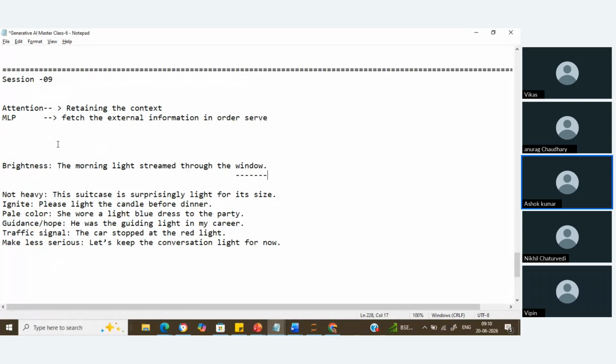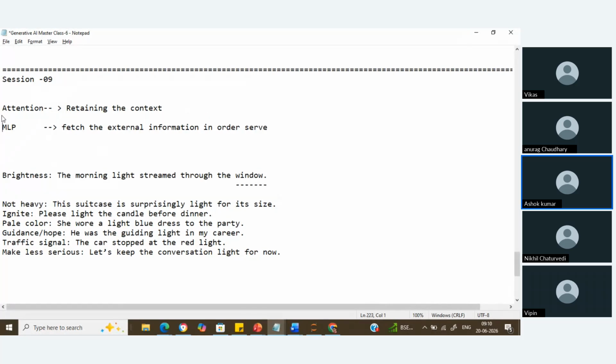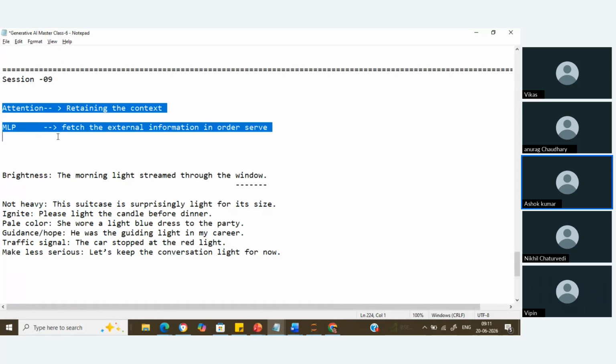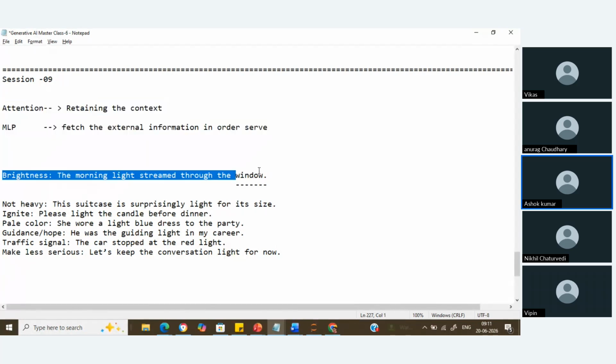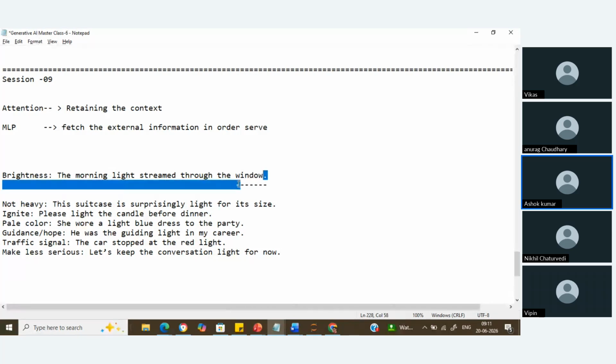So these two blocks, attention and MLP, are going to provide me a base so that I will be able to predict the next word, or token. The morning light streamed through the window. Window is the predicted word over here.